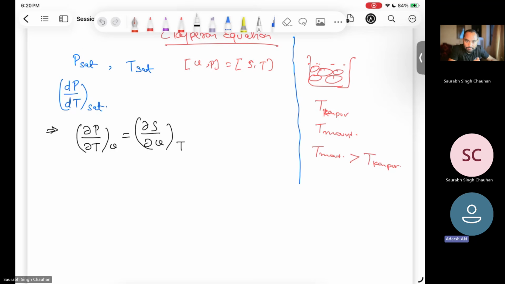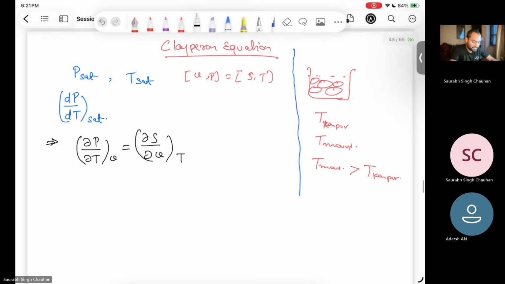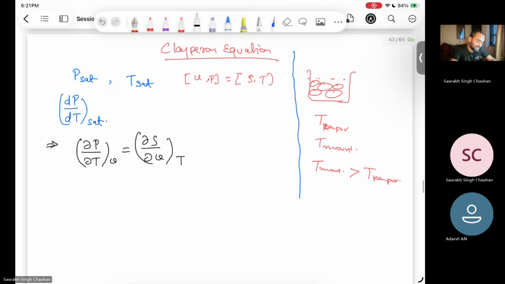Sir, Maxwell equations I know. The only thing is, you told a way to remember it fast. Actually, in the lectures some thermodynamic square was discussed, right? But instead of using that, I discussed a method called the Jacobian method.